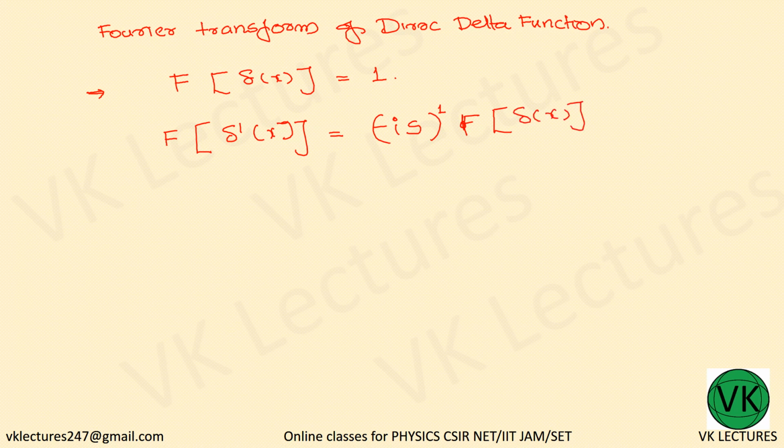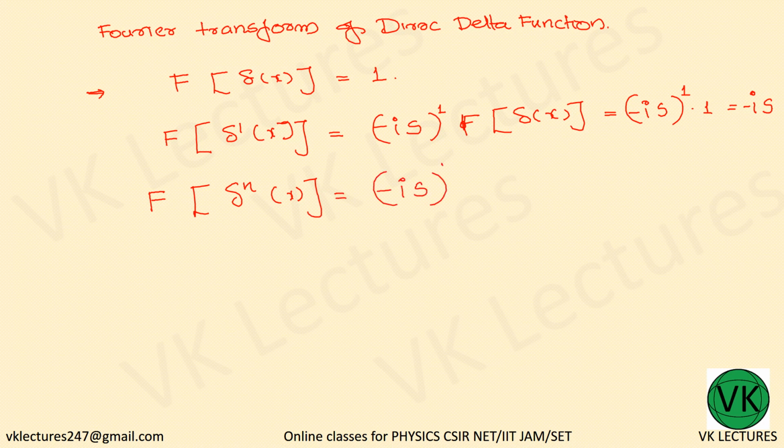So this will be equal to minus is to the power 1 into 1, that's equal to minus is. So the Fourier transform of the nth derivative of delta x will be equal to minus is to the power n into 1, which is nothing but minus is all to the power n.